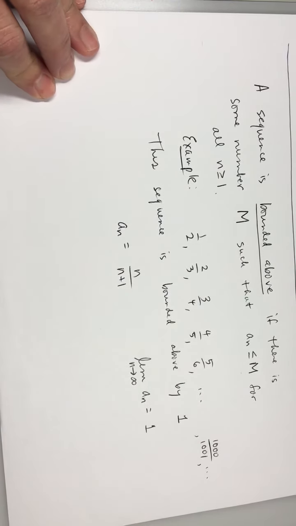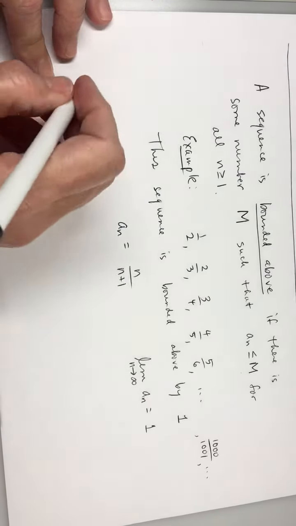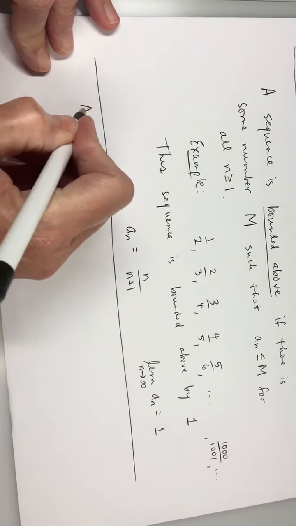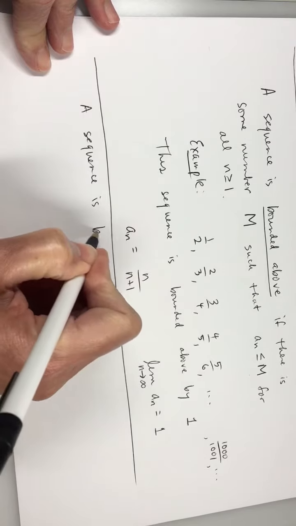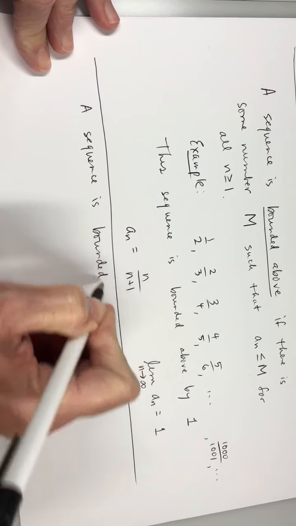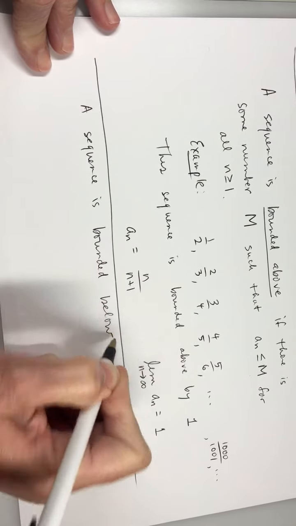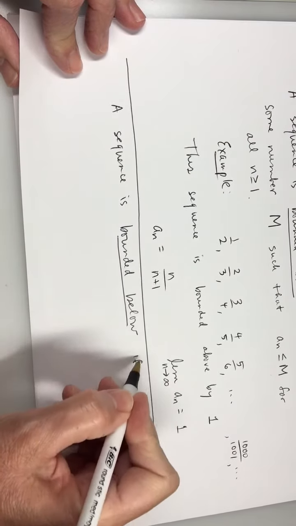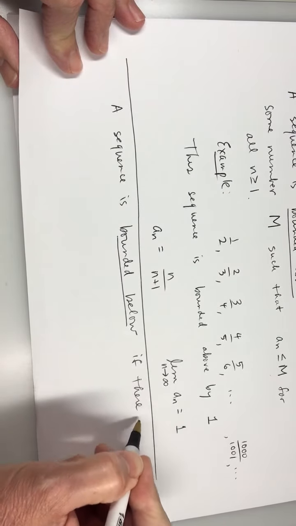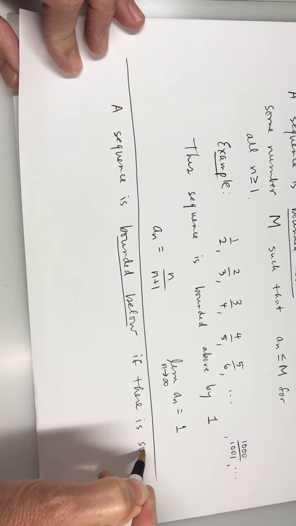Now we have bounded below. So a sequence is bounded below if there is some number.